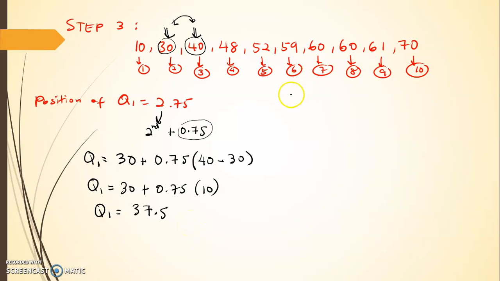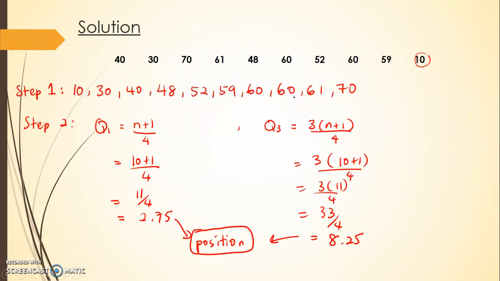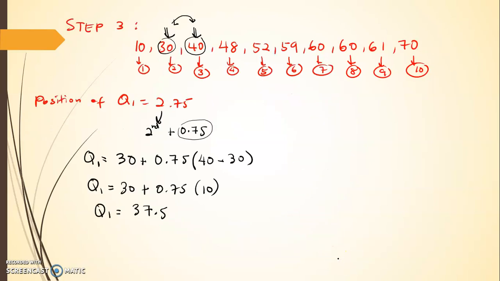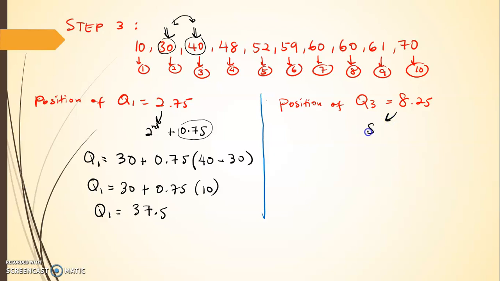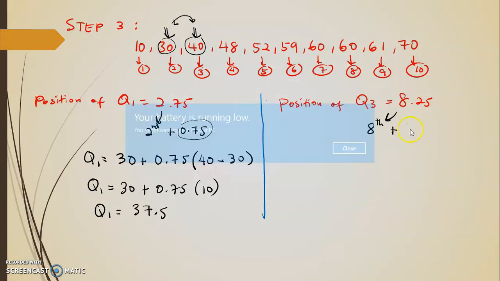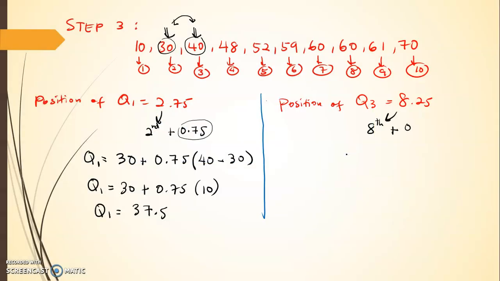Next, for Q3, the position of Q3 is 8.25. So our Q3 value is located at the 8th position, plus we have another additional position of 0.25.